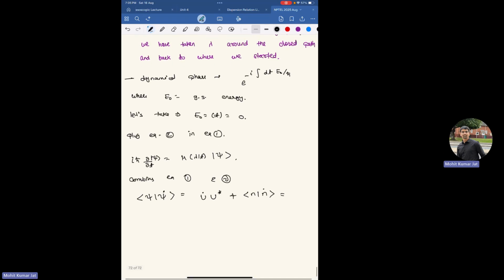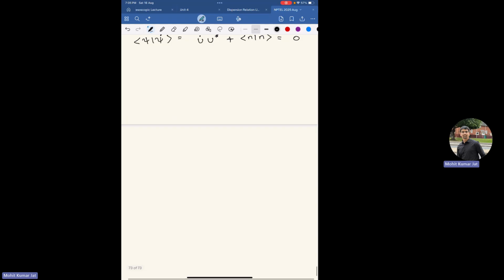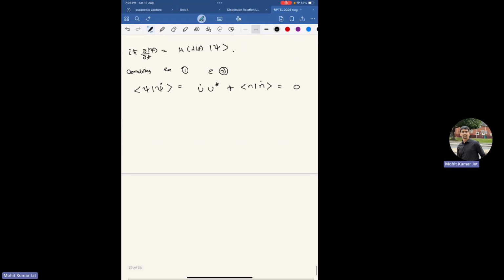Since we have taken E naught to be 0, that energy term will be 0. In that case, it is very evident that u star u dot will be minus <n|n dot>. And I can write this as <n| del by del lambda_i |n> lambda_i dot.